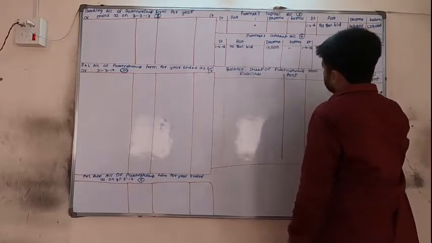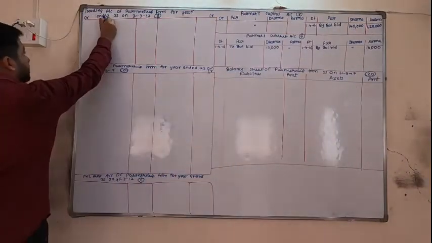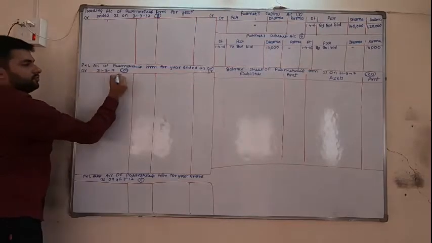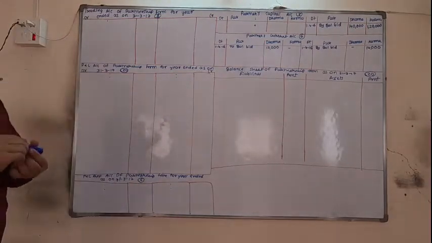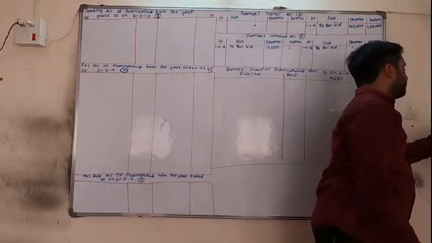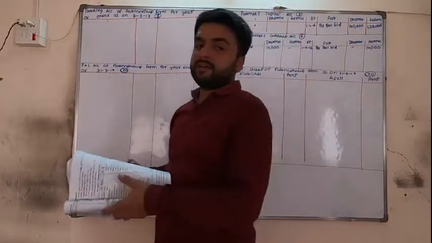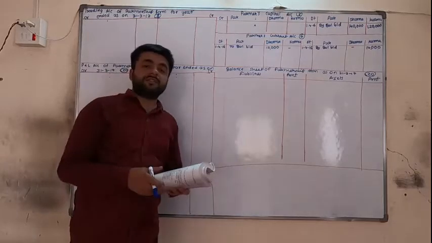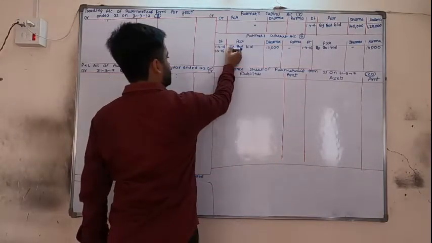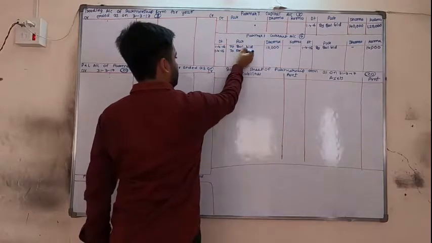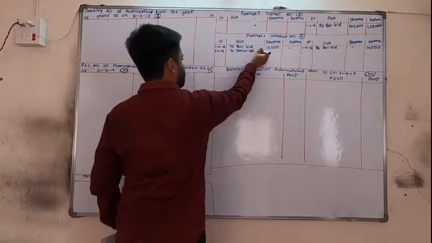After that, leave one line here for opening stock, two lines here for profits, and start the sum. Drawings dharma and karma. So when we have both, drawings are shown on the debit side of current account. 1/4/16 to drawings account.